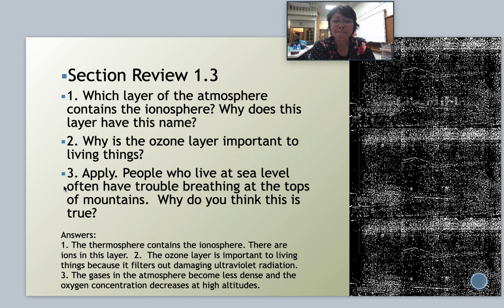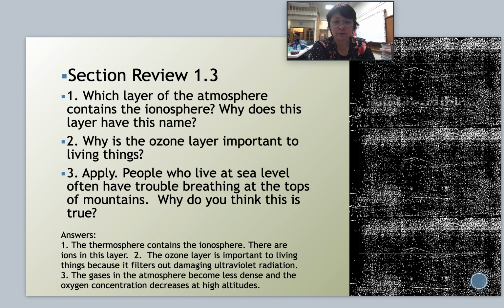So, okay, let's take a look at question number 3. This is an apply question. People who live at sea level often have trouble breathing at the tops of mountains. Why do you think this is true?